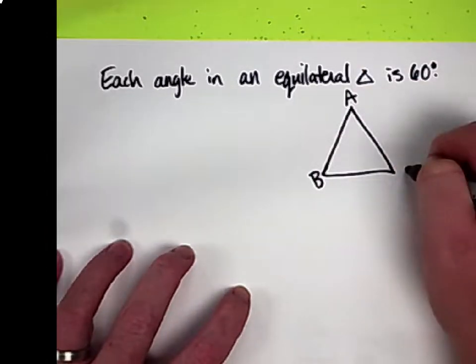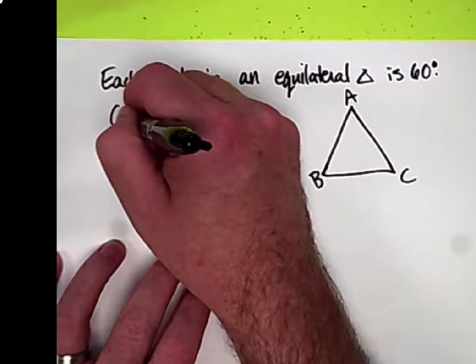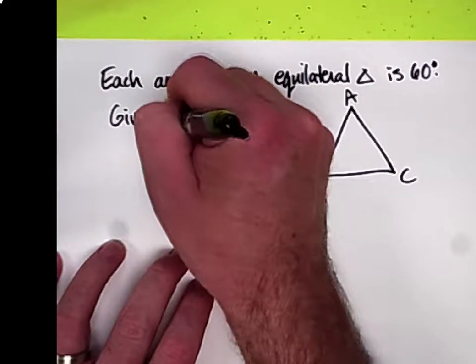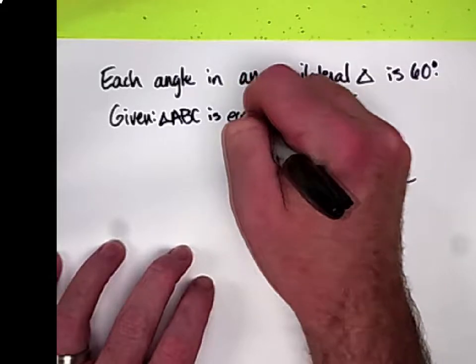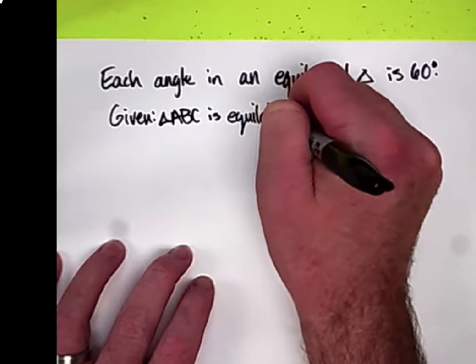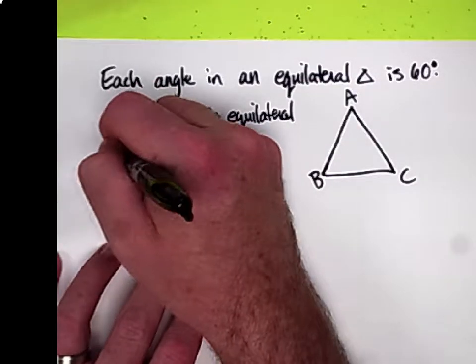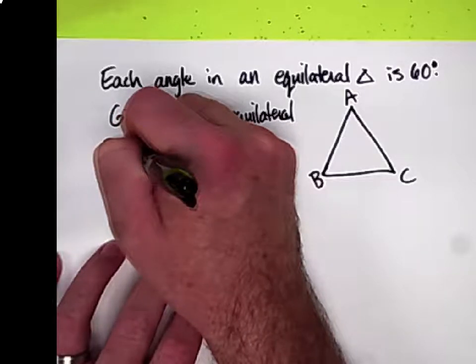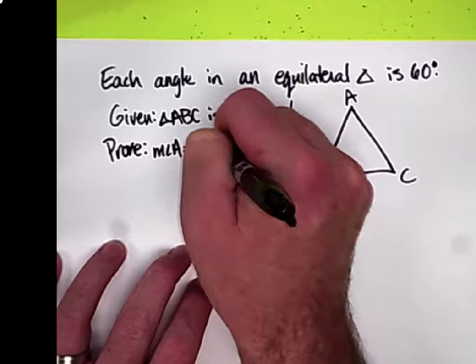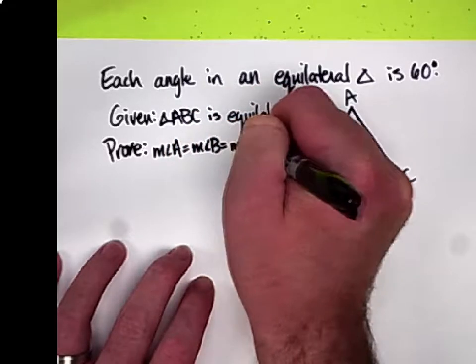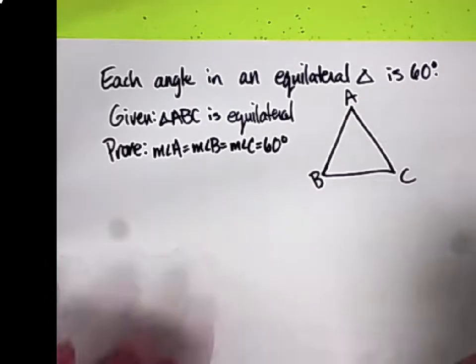So you're going to be given triangle ABC is equilateral, and I want you to prove that the measure of angle A equals the measure of angle B equals the measure of angle C equals 60 degrees.